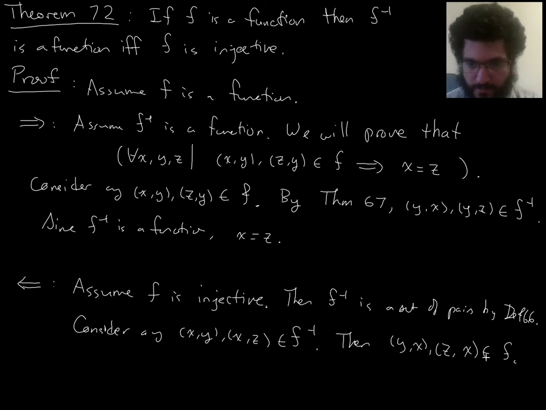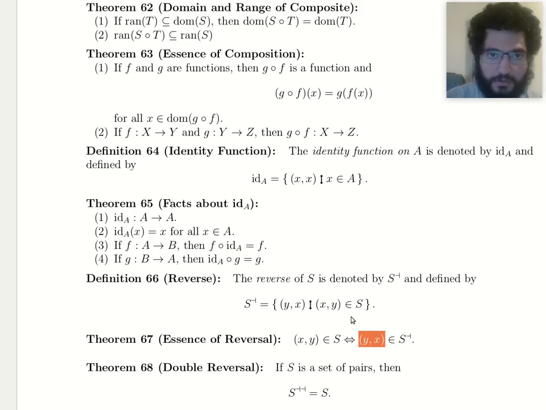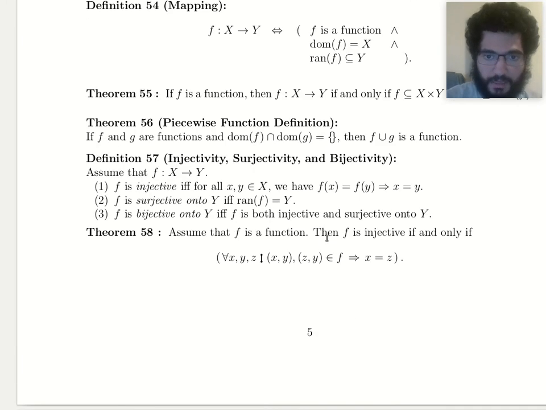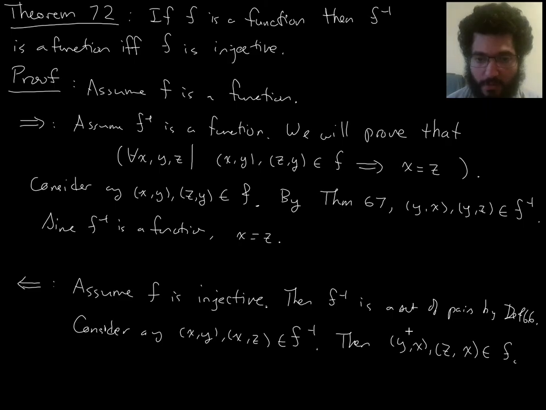Since I'm assuming f is injective, and I know that an injective function satisfies this property, right? This is an if and only if. So I can use theorem 58 to conclude that, anytime I have two pairs with the same second position being elements of f, the first positions must be equal. So here's two pairs with the same second position, both are x, so therefore y equals z.